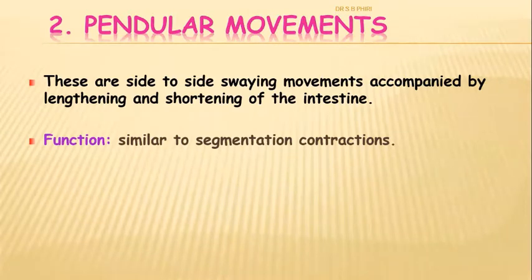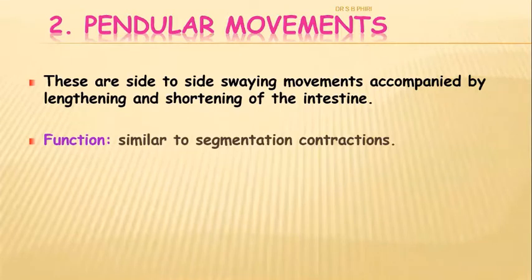So even the small intestines can have such kind of movements. These are side to side swaying movements accompanied by lengthening and shortening of the intestine. So there's lengthening and shortening of the intestine that will bring about the swaying movements.